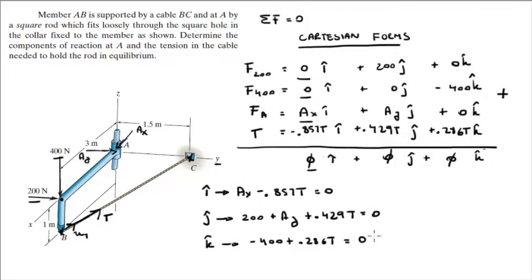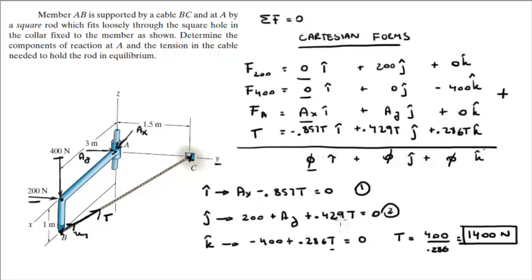So let's call this equation 1 and let's call this equation 2. On our third equation, we only have one variable, which is T, so you solve for T. T is equal to 400 divided by 0.286, I believe, and it comes out to be 1400 newtons. So that's T.